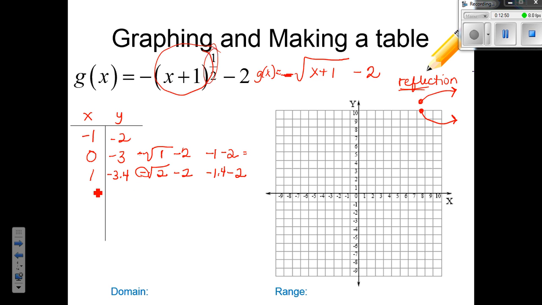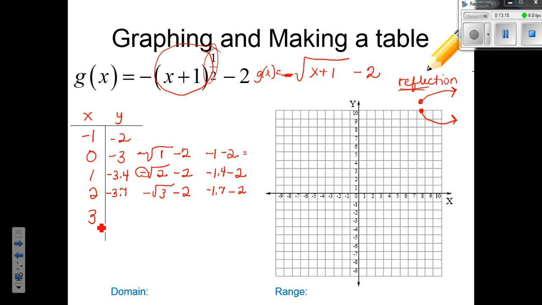Okay, let's plug in a 2. Negative square root of 2 plus 1 is 3. The square root of 3 is 1.7, but again, bring that negative over. We got negative 1.7 minus 2, which would be negative 3.7.